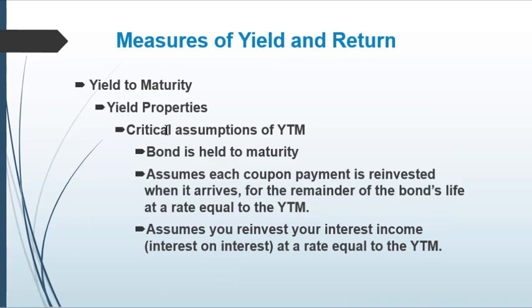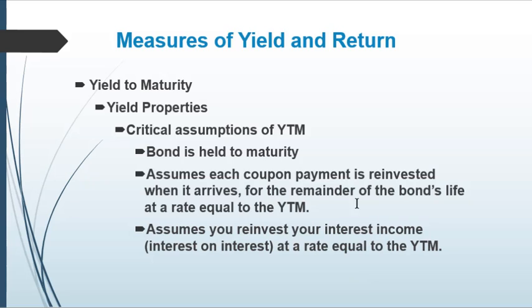So yield to maturity, right? The properties, things we need to understand about it, is you only get this if you hold it to maturity. It assumes that you reinvest all of the coupon payments for the remainder of the life of the asset, and it also assumes that you reinvest your interest income at a rate equal to the yield to maturity, right?